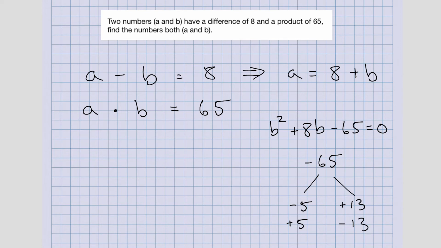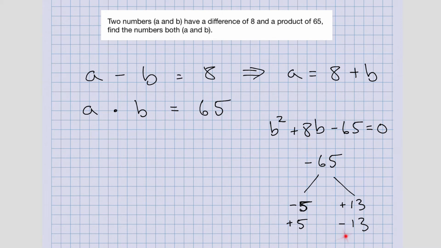Those are the only combinations that we could do. The only factors of 65 are 5 and 13. Both of those are prime numbers. So these are the only factors that we get for negative 65. And we need to find which combination of these adds up to a positive 8.